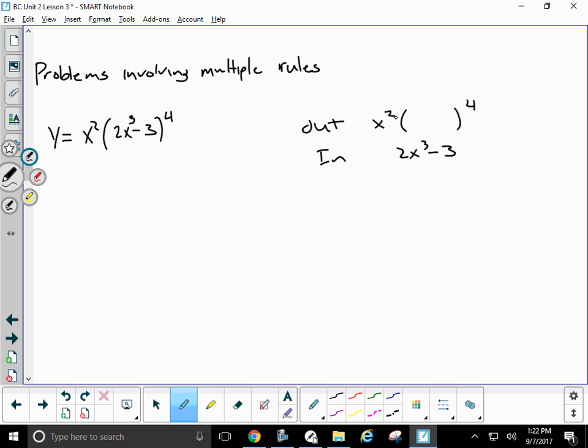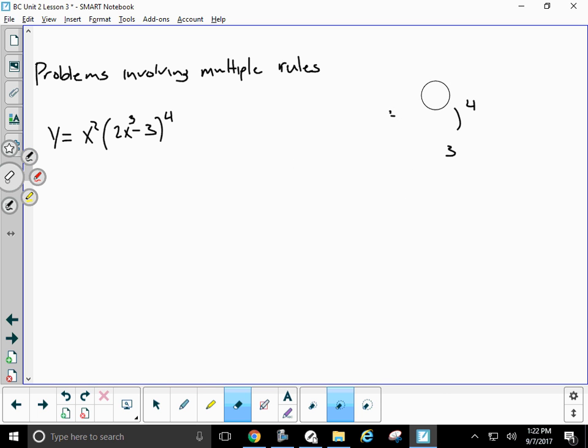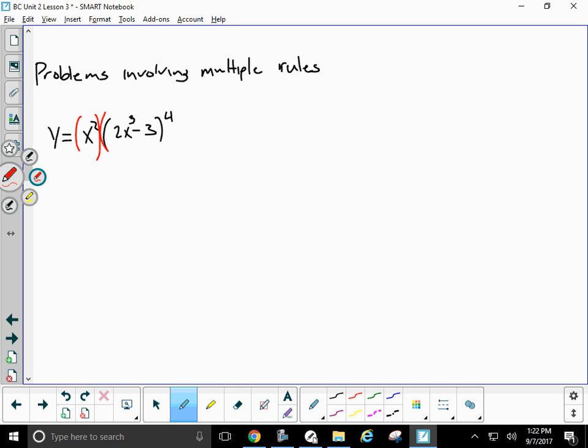And it might work out if you do it that way, but usually they're not going to do it that way. So don't immediately jump to the chain rule. Instead, notice that this is a product. So I need to use the product rule.